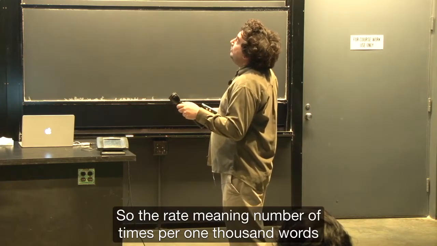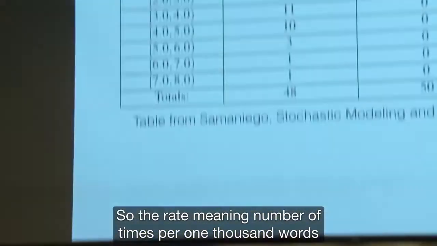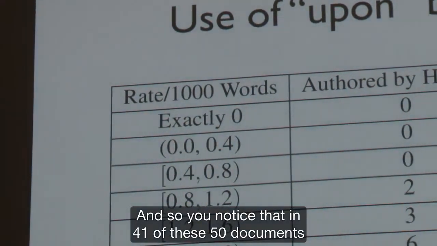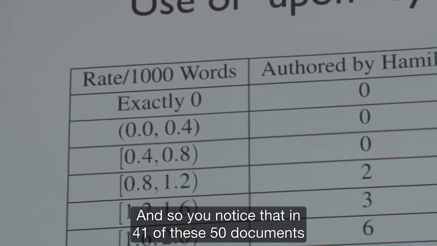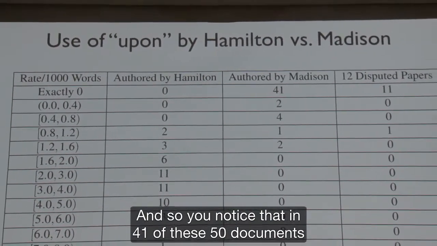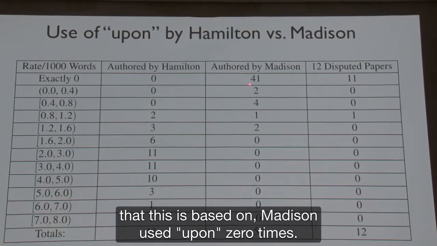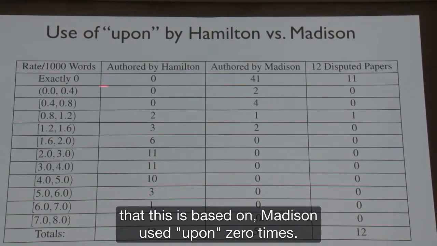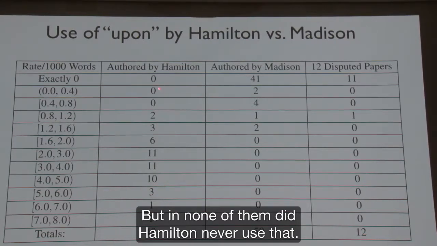Exactly zero, so the rate, meaning the number of times per 1,000 words that "upon" appears, okay? You notice that in 41 of these 50 documents this is based on, Madison used "upon" 0 times. But in none of them did Hamilton never use it.